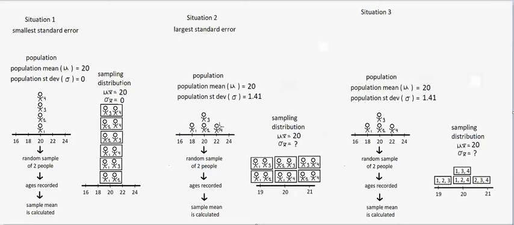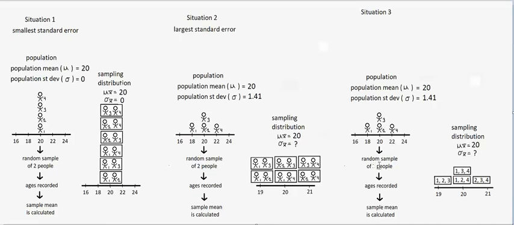The second thing that the standard error is affected by is the sample size. So when you go from situation 2 to situation 3, the sample size is going up. I'm sorry, this shouldn't have been a 2. This should have actually been a 3 right there because we're selecting a sample of 3 people. So the sample size is going up from 2 to 3.